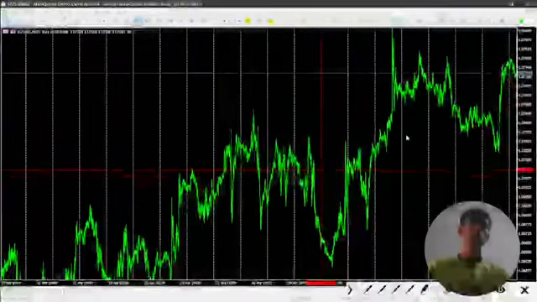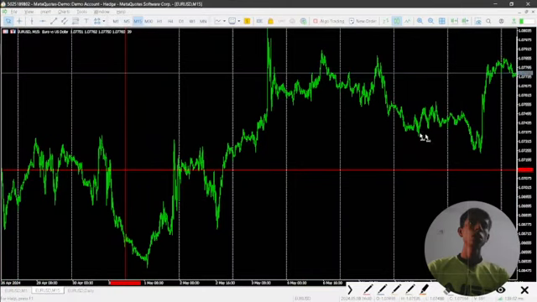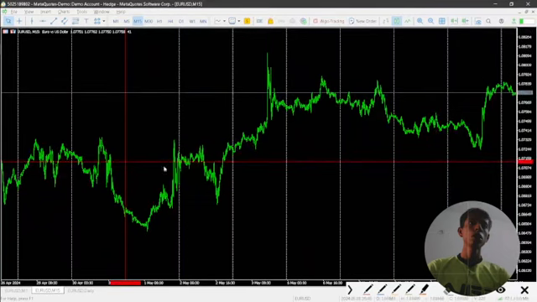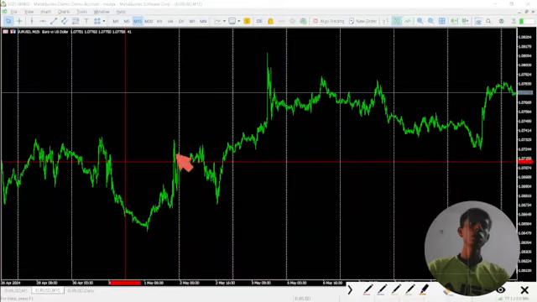So you can see this, I told you from there, I tried to break this level of support, but it went for a retest, and the retest almost failed. It crossed from here, but if the retest was exactly from this point, then we could get into this short trade.